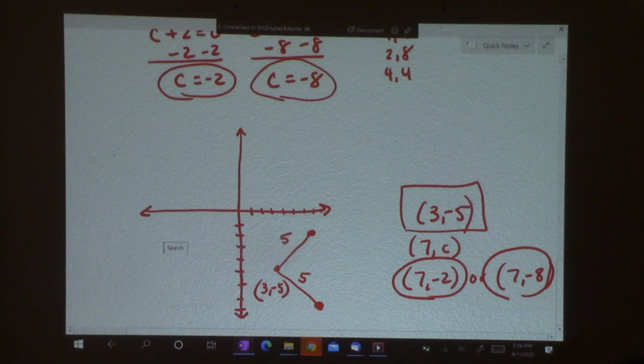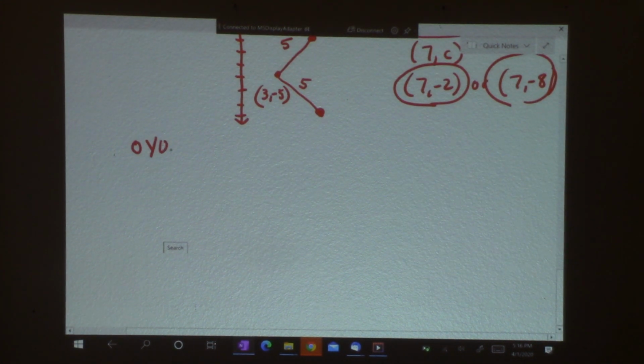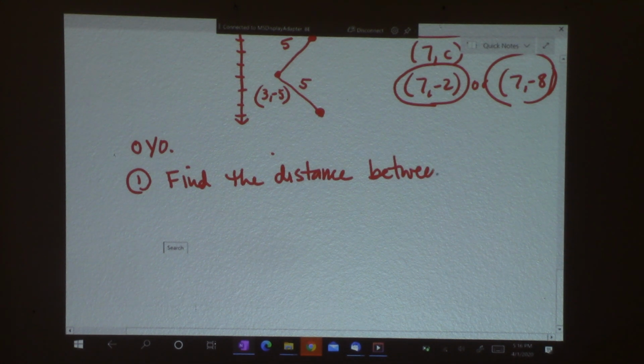Okay, what I want you to do is the OIOs. So number 1, find the distance between 3, 0, and 3, 6. So go ahead and figure that out.